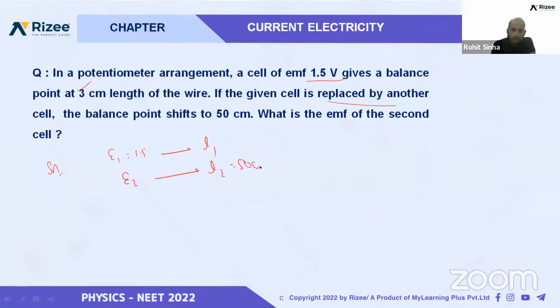We know the formula for comparing EMF: E1 by E2 is equal to L1 by L2. So 1.5 by E is equal to 3 by 50. Solve it and you will get the value of E as your answer.